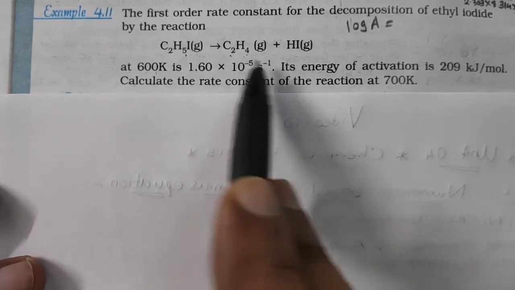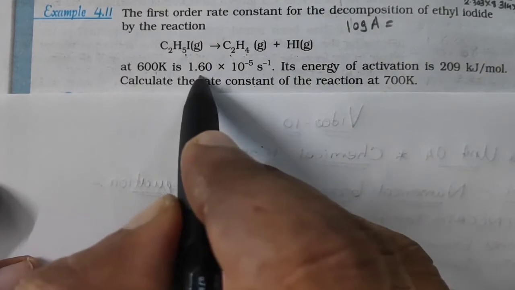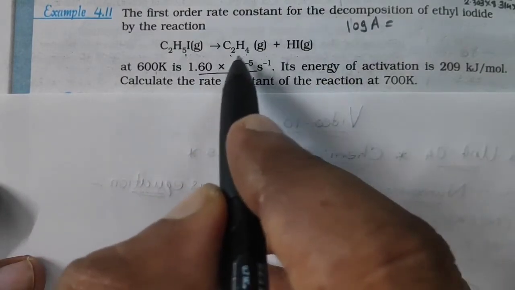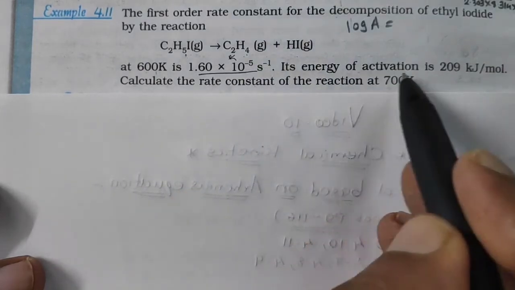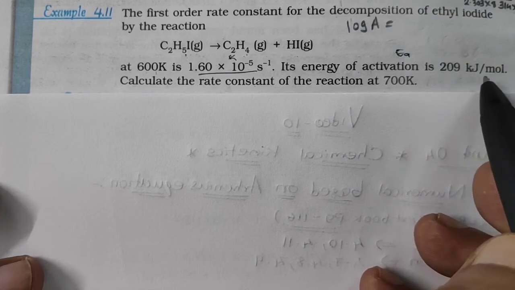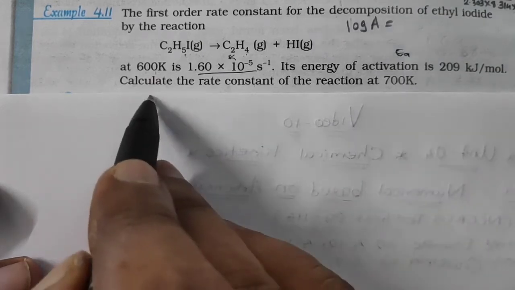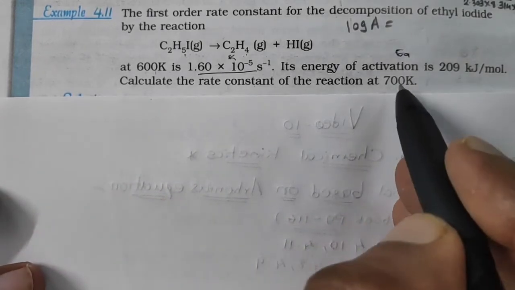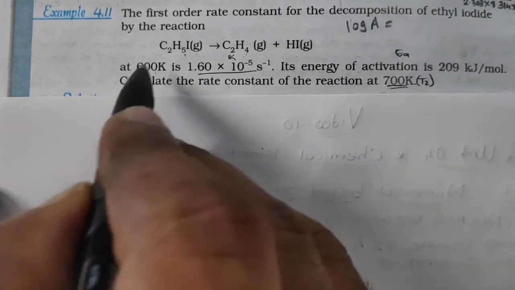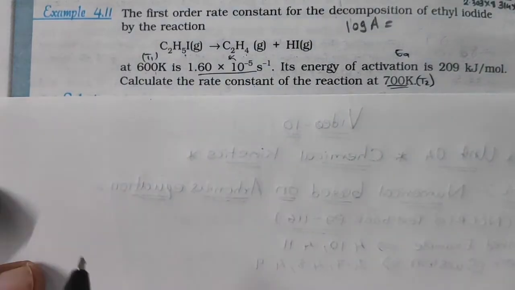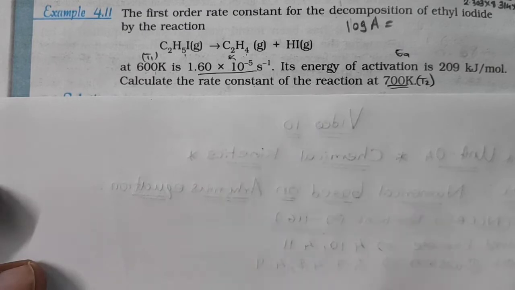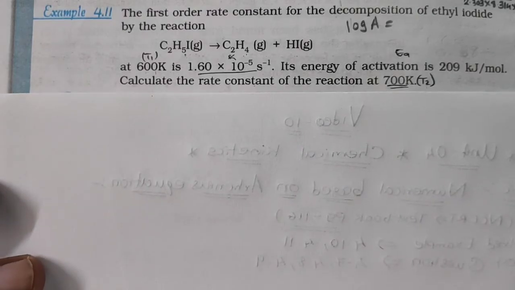This is the first order rate constant, meaning the value of K. Its energy of activation, EA, is given as 209 kilojoule per mole. Calculate the rate constant of this reaction at 700 Kelvin. That is temperature T2, and this is temperature T1.